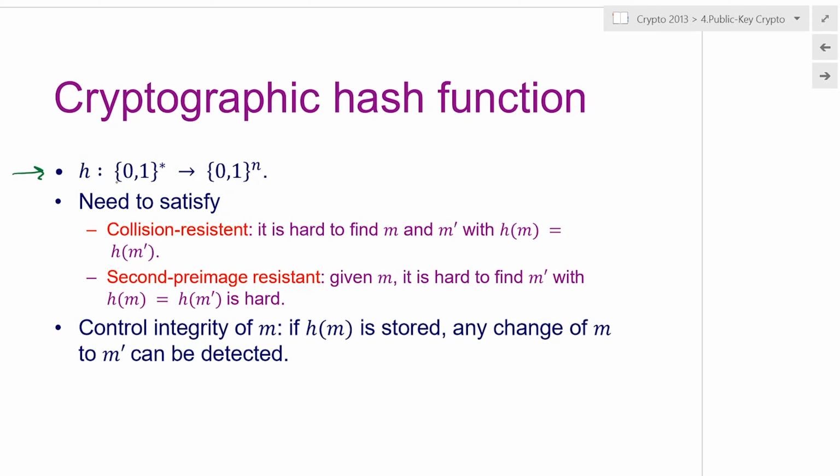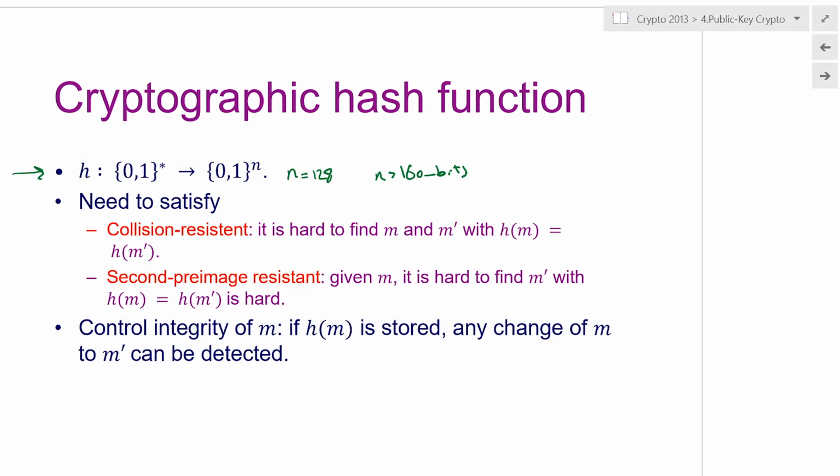The star means any number of 0s and 1s, no matter how long, and it always shrinks them down and outputs some fixed length output. Here we show it with n bits. So we get arbitrary input and output only n bits. For example, n can be 128, n can be 160 bits.